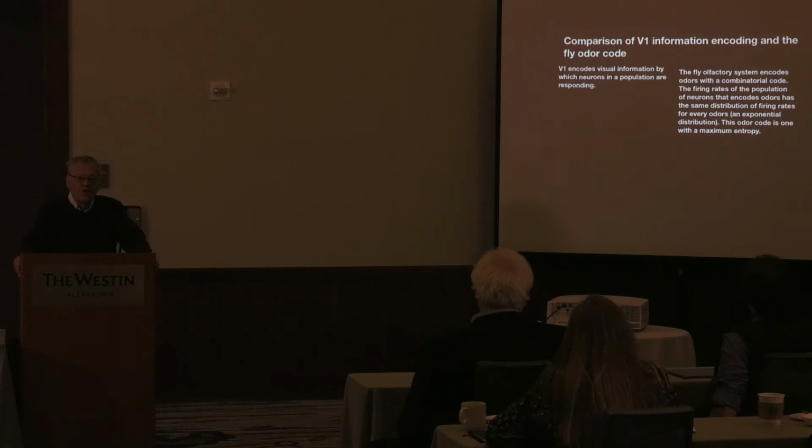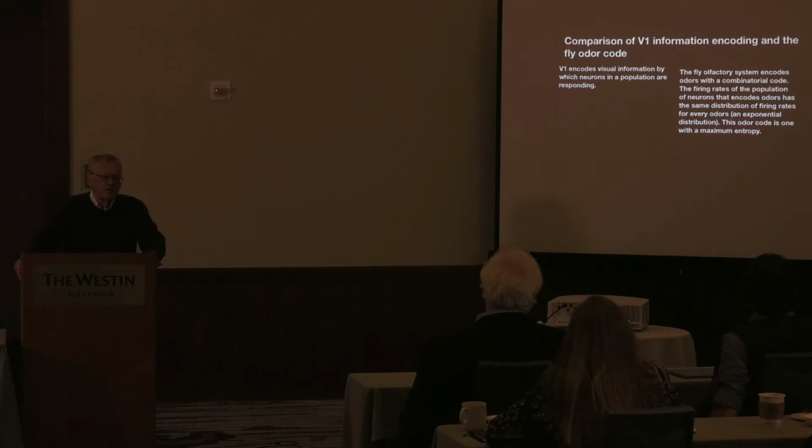Okay, so what we know is, number one, that every odor on average causes the same firing rates for all of the neurons that do fire spikes. Most of the neurons fire spikes to most of the odors. Third thing we know is that those odors have an exponential distribution that is the same mean for every one.